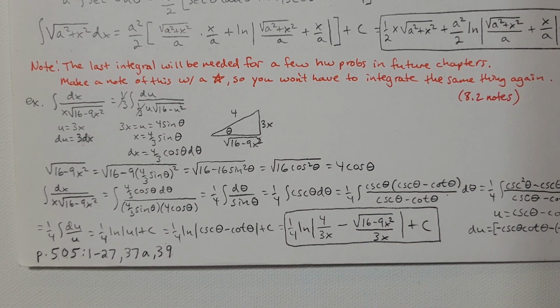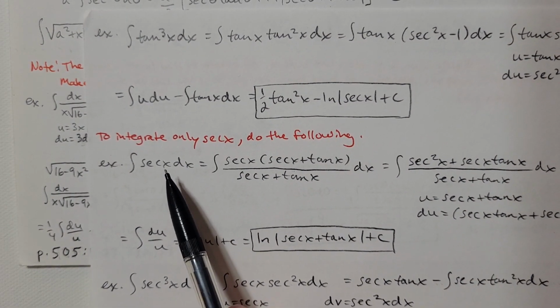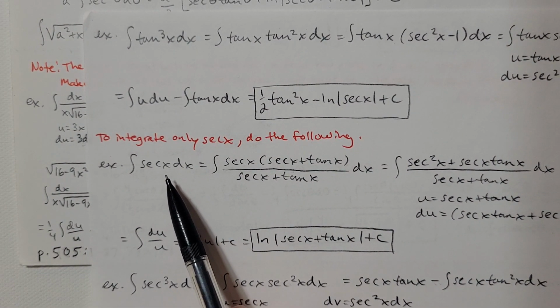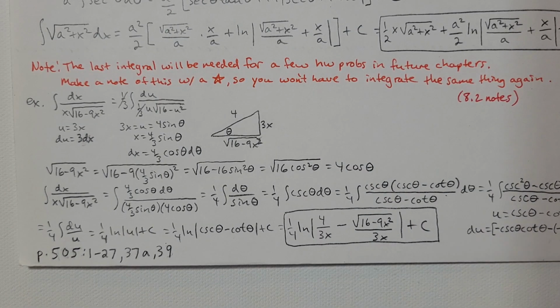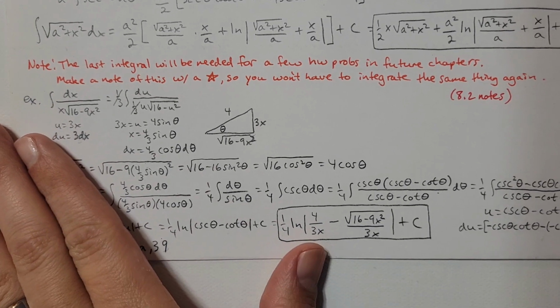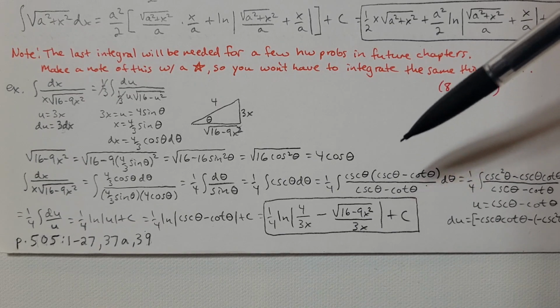Now, to integrate that guy, you're going to need a sneaky little trick very similar to what we did here when we integrated secant theta. Okay, this isn't something that I expect you to see. So I just tell you what you're going to do.